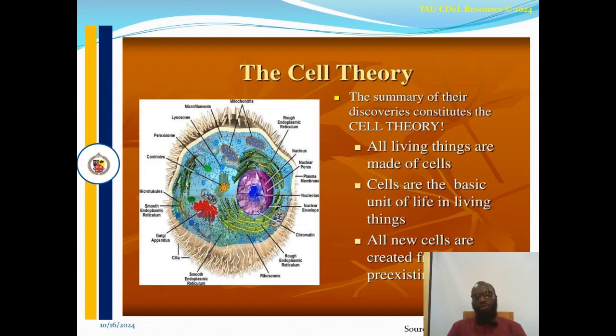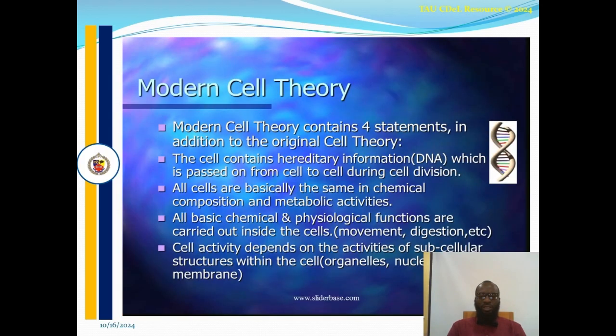Certain modifications were made to the cell theory, giving rise to the modern cell theory. Now, the modern cell theory contains 4 statements in addition to the original cell theory. The first of these 4 is the cell contains hereditary information, that is DNA, which is passed on from cell to cell during cell division.